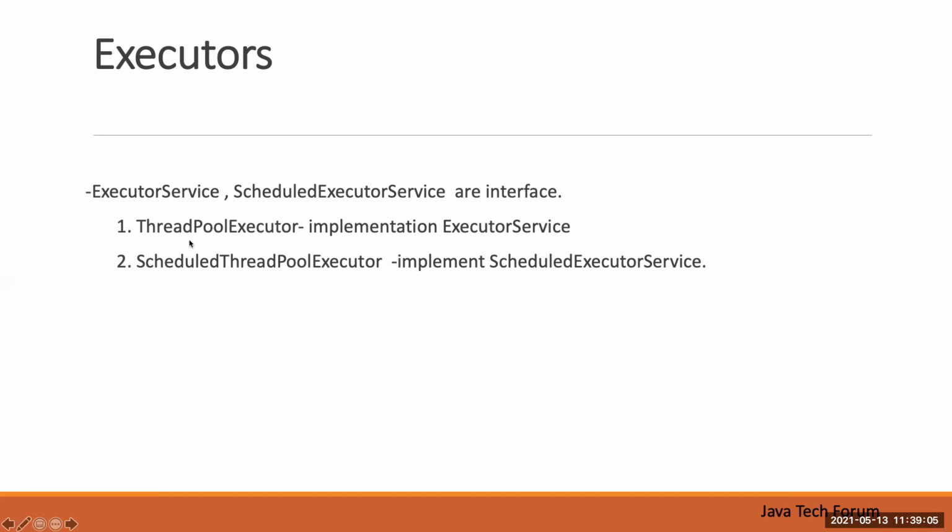Here, for the thread pool service, we have multiple interfaces and multiple implementations to get a thread pool with different features. ThreadPoolExecutor is one implementation of executor service, and ScheduledThreadPoolExecutor extends the same ThreadPoolExecutor plus implements the scheduled executor. This one is the basic one, and that one has some extra features.